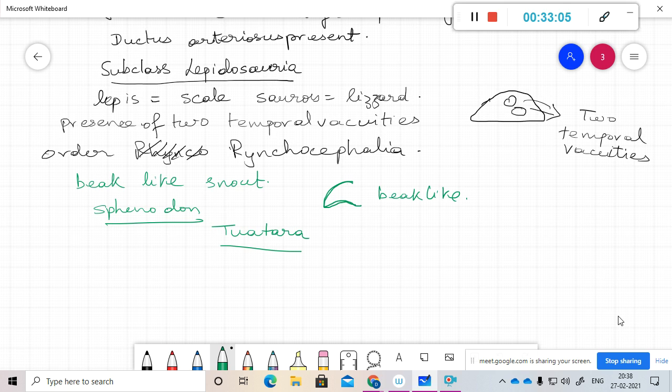And the other is of course order Squamata.